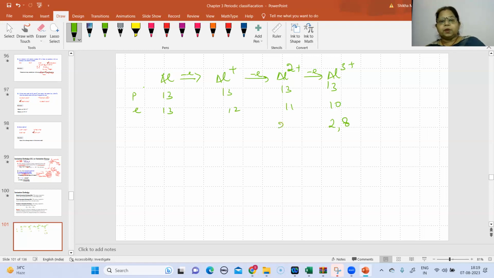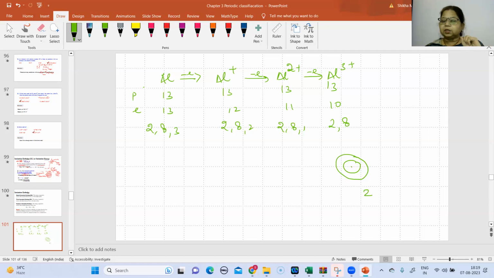It will be 2, 8, 1. It will be 2, 8, 2, and this will be 2, 8, 3. Now, you said that the distance will be more as the electron is lost. How is it possible, Ananya? Or whosoever has answered me this question. If I draw the circular diagram, I will say it has got only 2 shells.